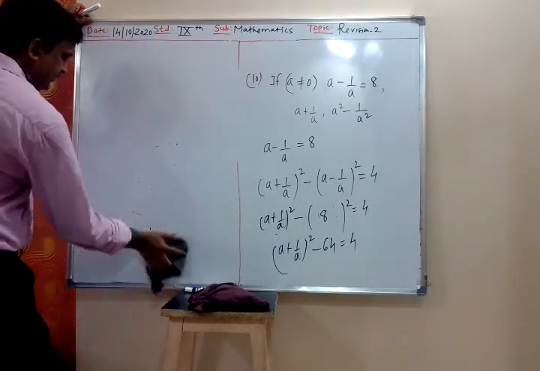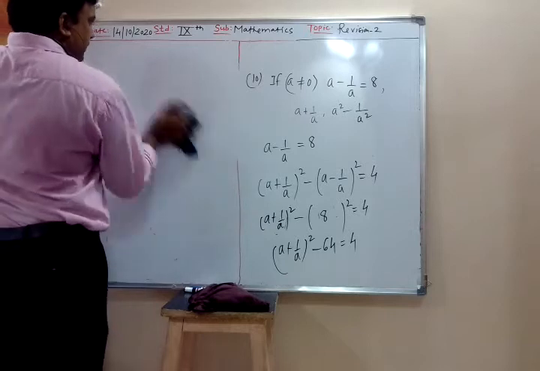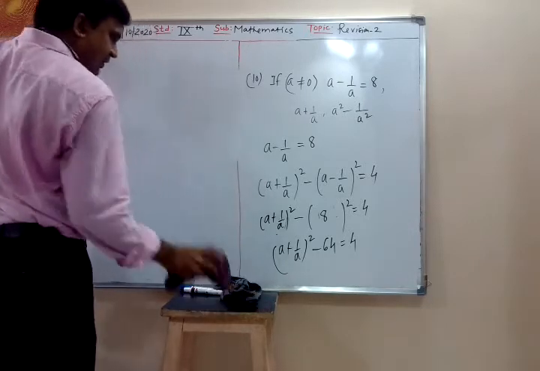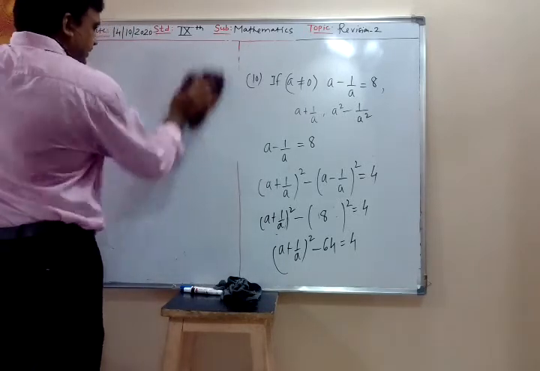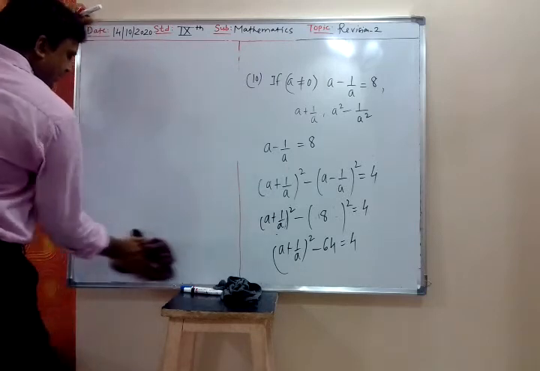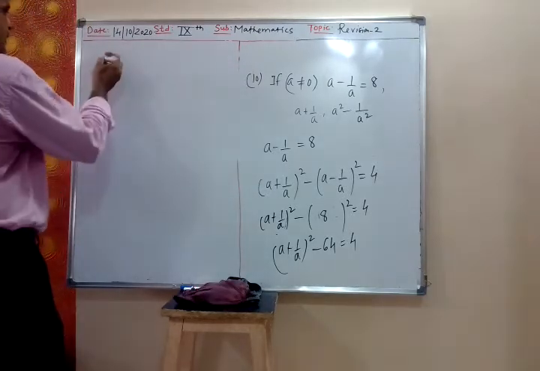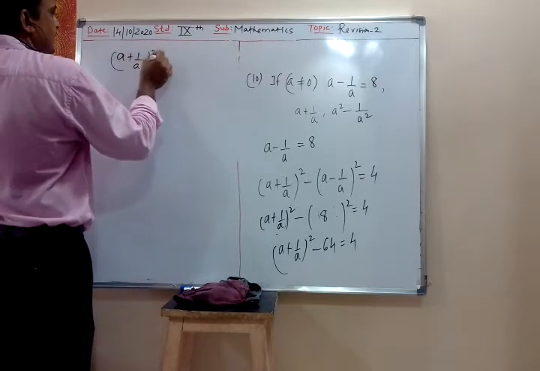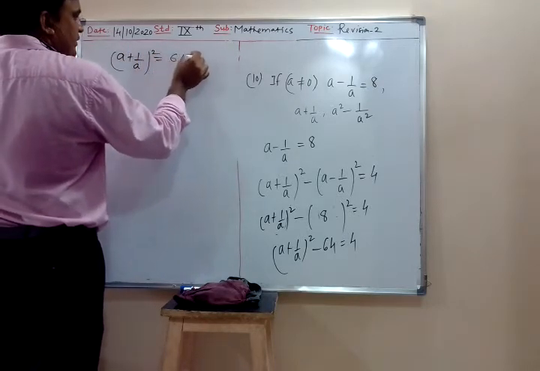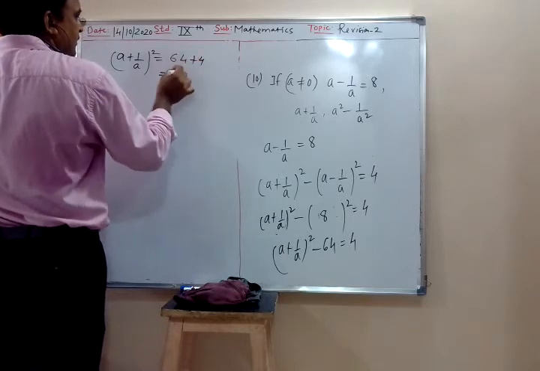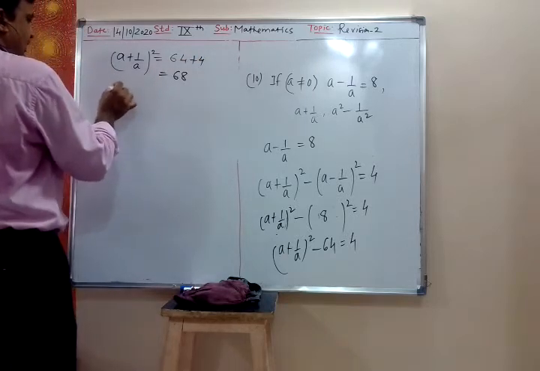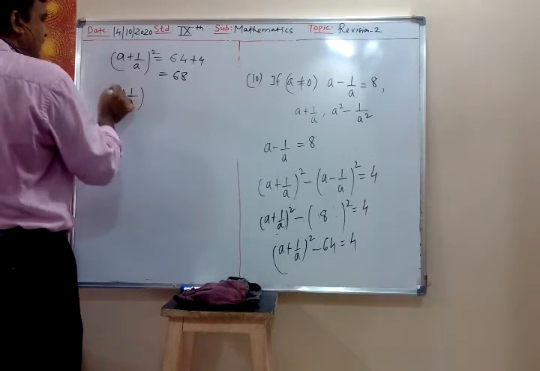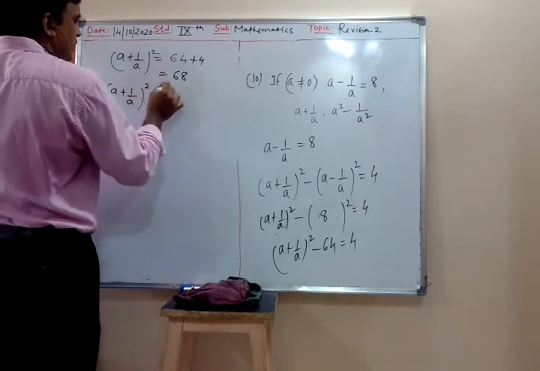So a plus 1 upon a whole square is equal to 64 plus 4, 68. Taking the square root, a plus 1 upon a is root of 68.